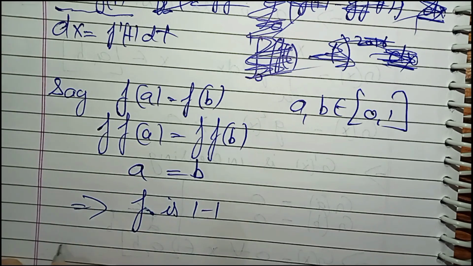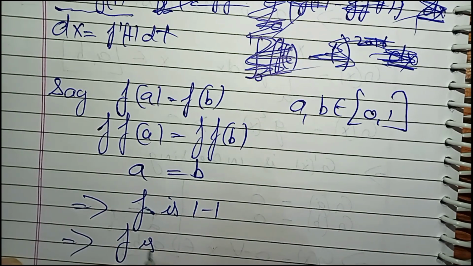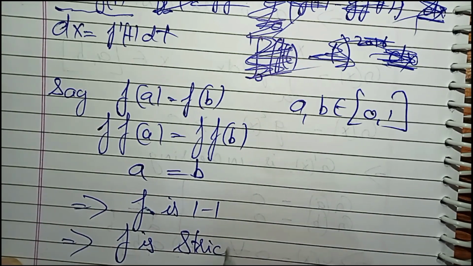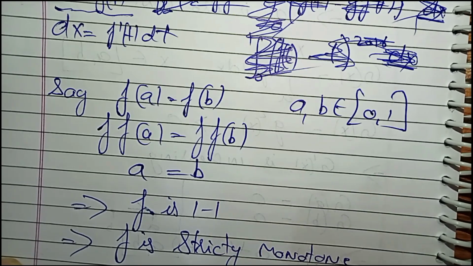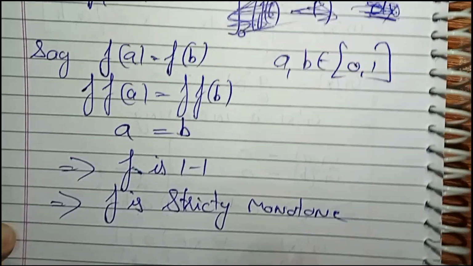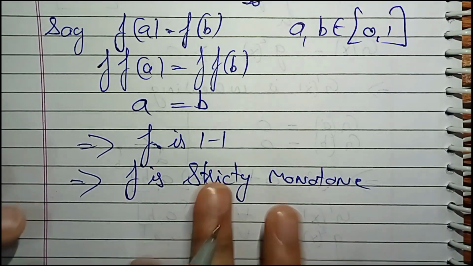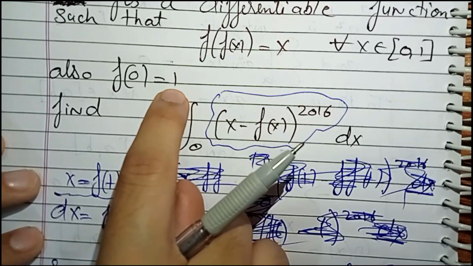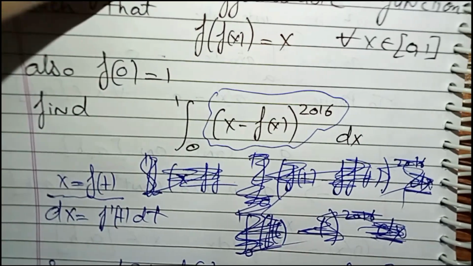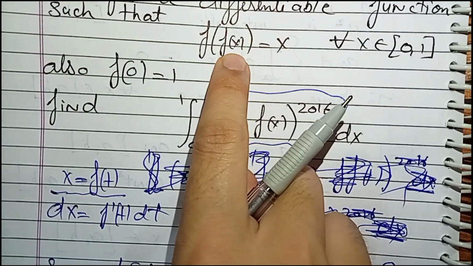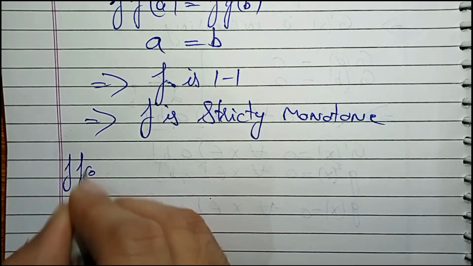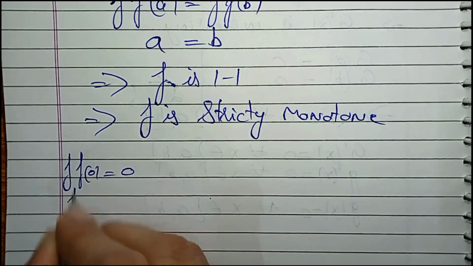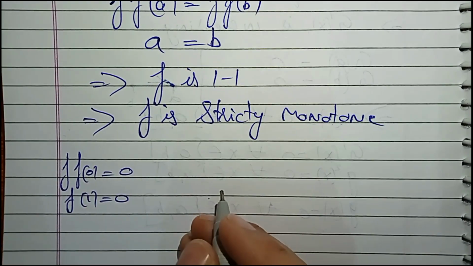Now since f is 1-1, it implies f is strictly monotone. In fact, it is strictly decreasing, because we know f of 0 is 1, and if I substitute x equals 0 in this thing, I would get f of f of 0 is equal to 0, but f of 0 is 1, so f of 1 is 0.